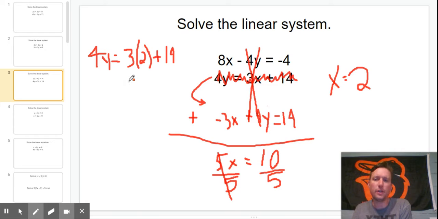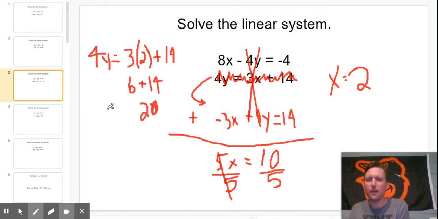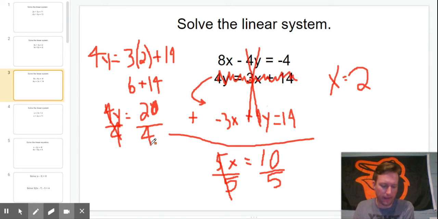So 3 times 2 is 6. 6 plus 14 gives me 20. 4y equals 20. I'm going to divide both sides to isolate my variable. 4 divided by 4 leaves me just y. 20 divided by 4 gives me 5. Okay? So I have y equals 5.